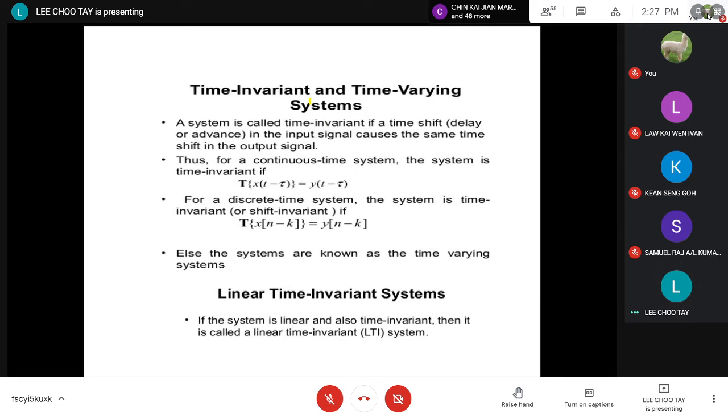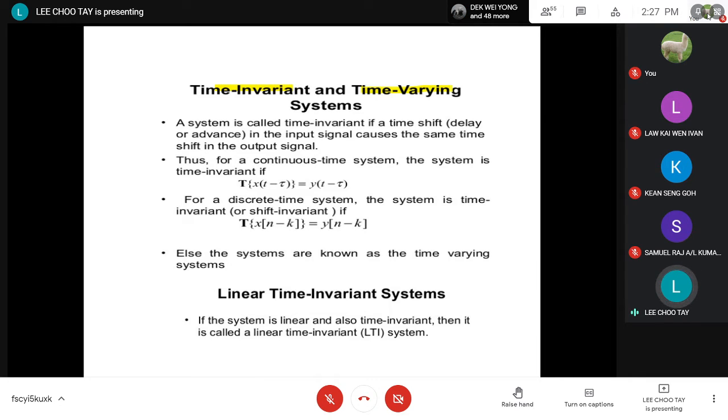So here, this slide tells you the difference between time invariant and time varying. As the name suggests, time invariant means the system will produce the same output regardless of what time you put the input in.